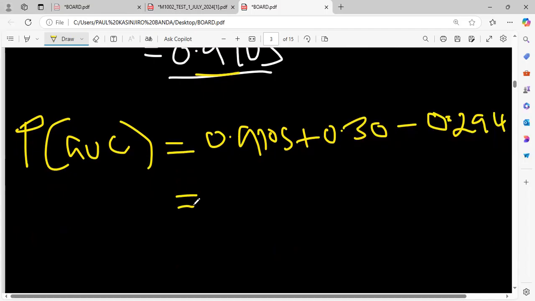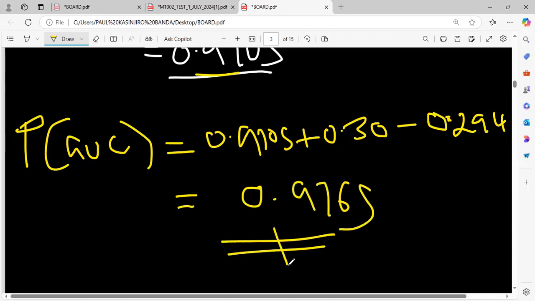Let's punch this into the calculator and get the final answer. I'm getting 0.9765 as my final probability. So this is the answer, option B. Okay, so we go to the next question now.